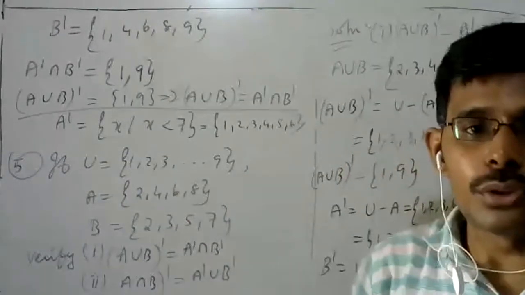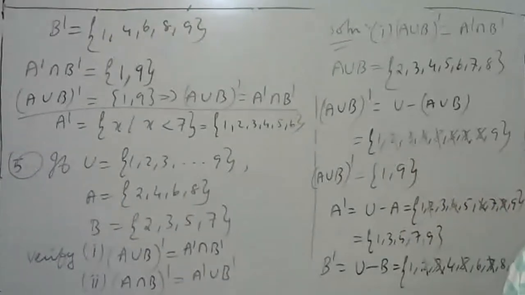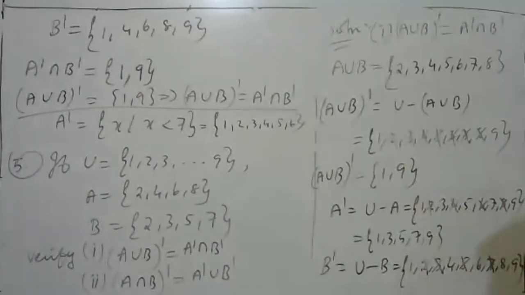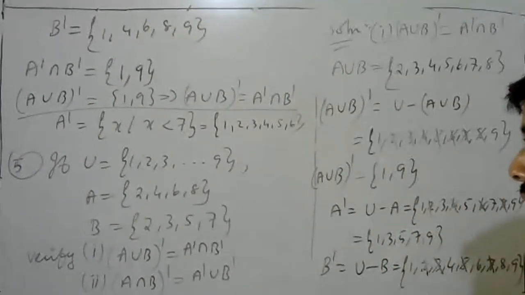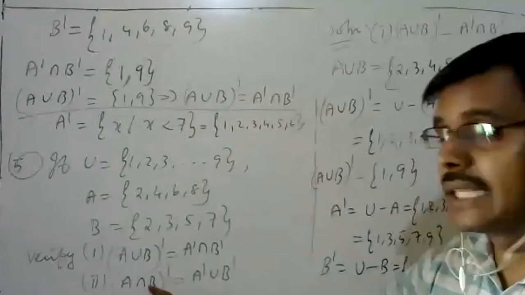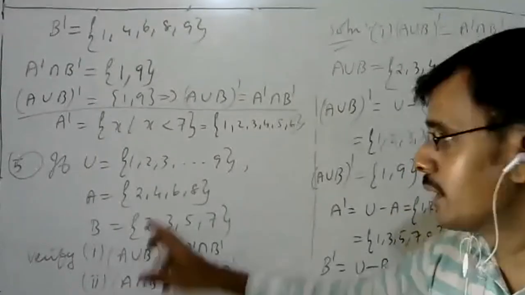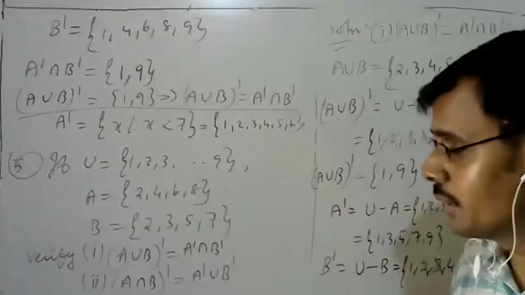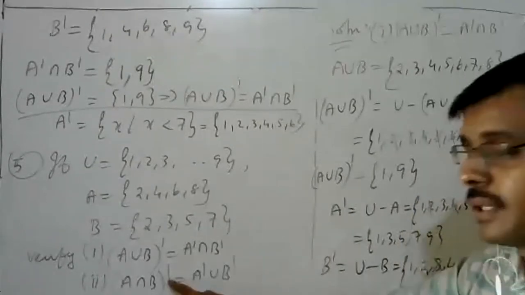Similarly, we have to prove the second problem. Okay, how to prove the second one? Take the intersection first. A intersection B. Your A intersection B is only 2. Okay, and take a complement.